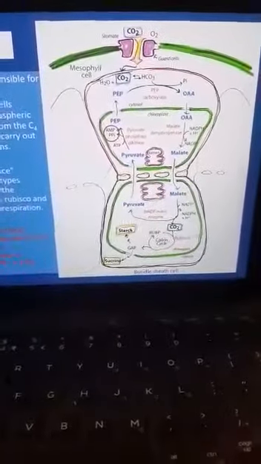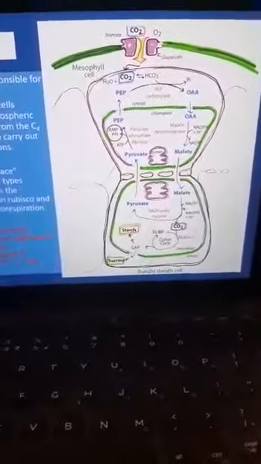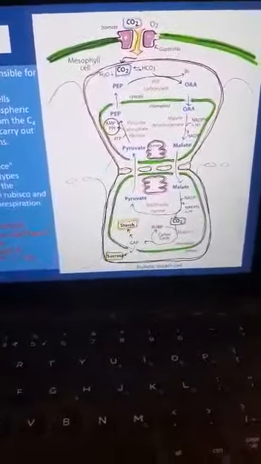And in that manner, the C4 plant manages to suppress the process of photorespiration. They don't get rid of it completely, but they suppress it down to a very negligible level.